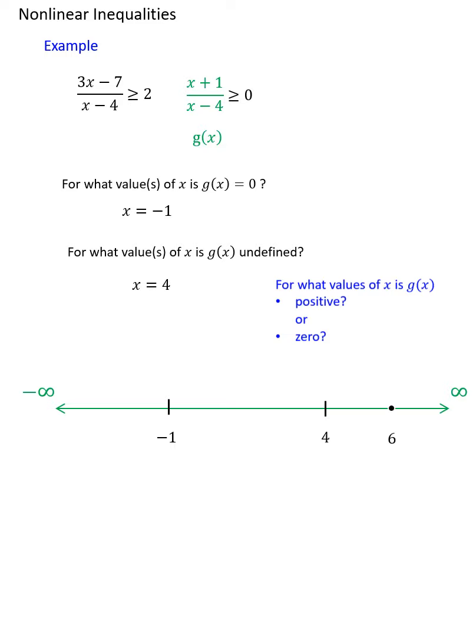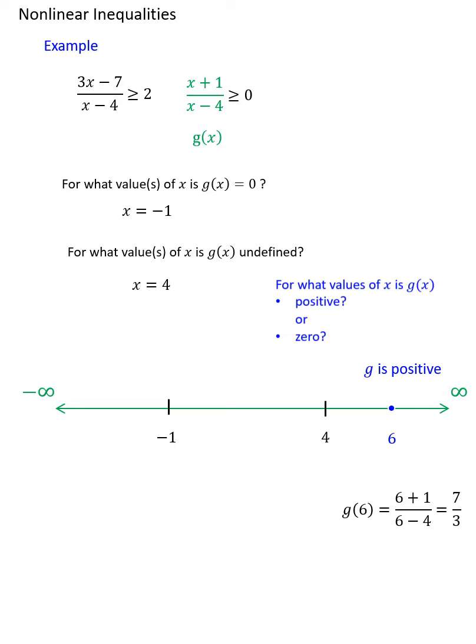Here's another seemingly random number. I'm going to plug 6 into g of x, and I got a positive answer. But I was looking for places where g is positive. So I've just showed that g is positive when x is 6. There's nothing special about 6. Remember, g can only change from positive to negative at a transition point.